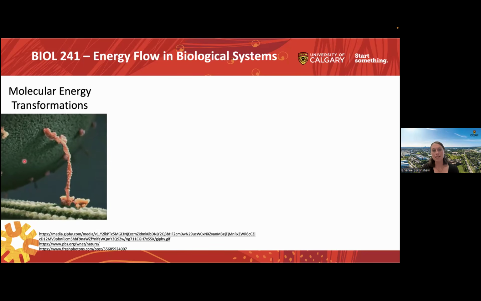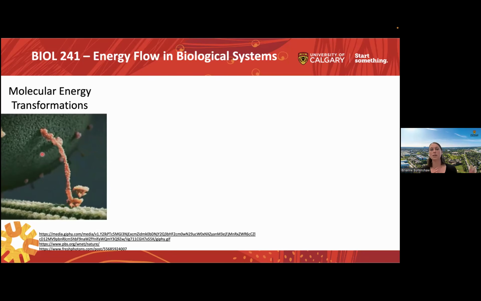Attached to the kinesin is this package of cargo. What's happening here is really an energy transformation. This protein is taking our universal energy currency inside our cell, called ATP, and converting the energy in that ATP into kinetic energy, so into movement along the microtubule.